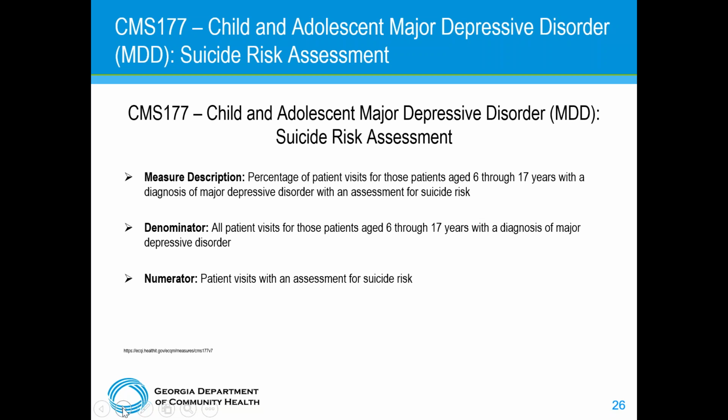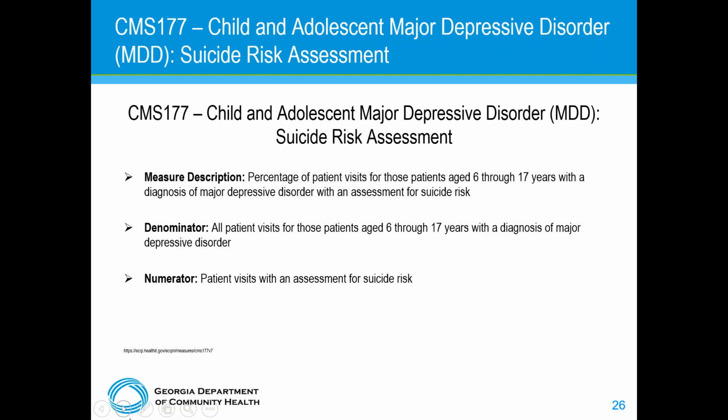The denominator, or the patient population, is all patient visits for those patients aged 6 through 17 with a diagnosis of major depressive disorder. Numerator specific are those patients with an assessment for suicide risk.